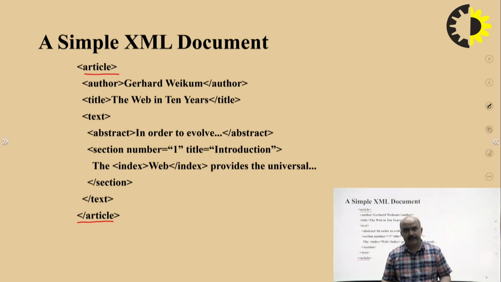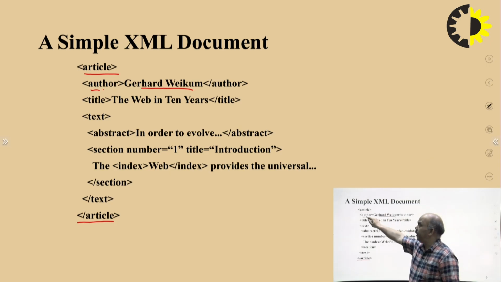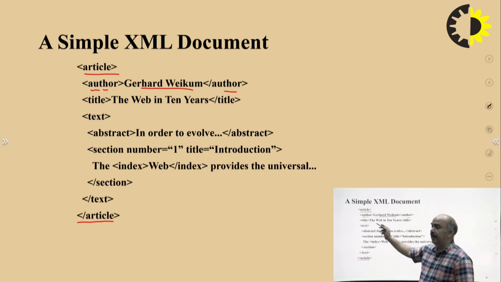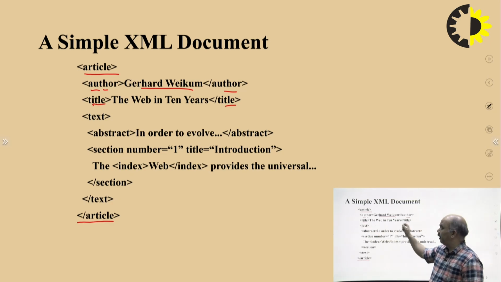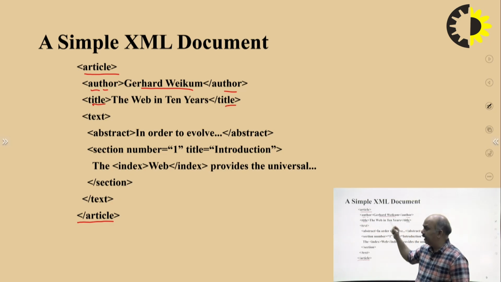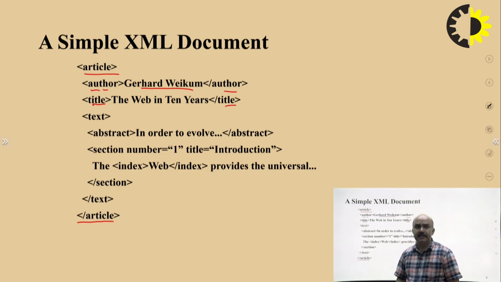Here we have the author defined with an opening and closing tag, then the title of the article in between the opening and closing tag, and the text, and whatever you want to write in that text will be displayed. Then we have the section tags, and the article is closed here.